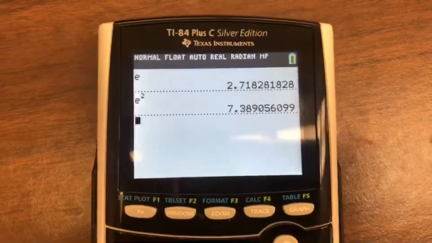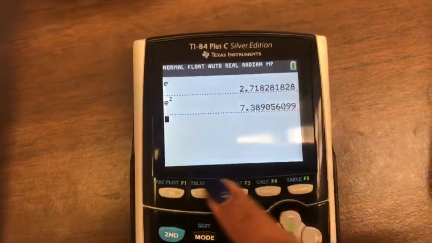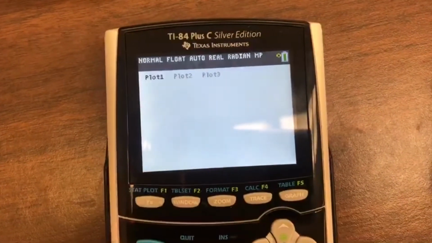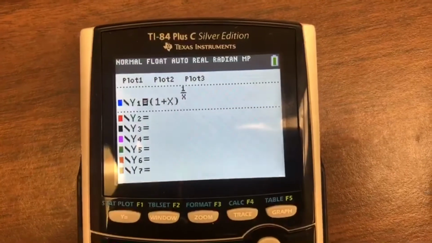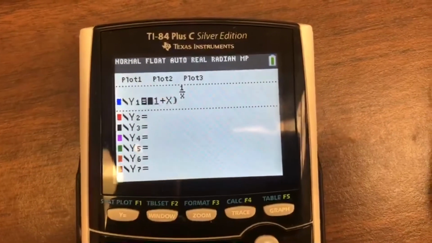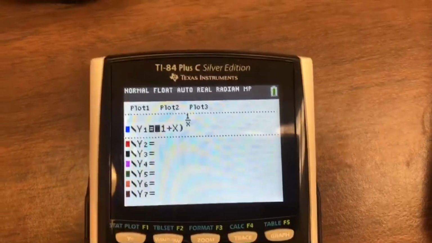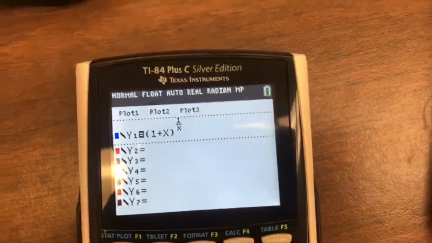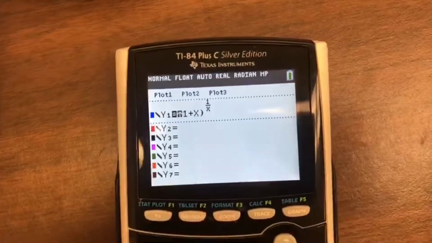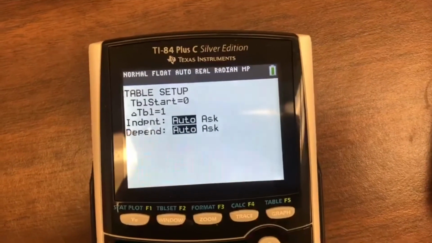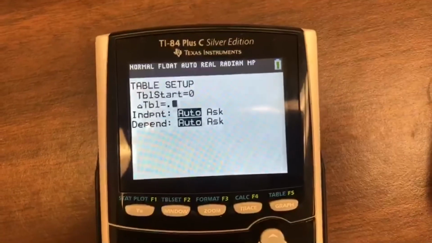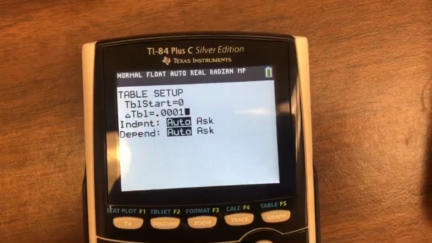So here's the second thing. If we put that limit definition, the expression 1 plus h all raised to the 1 over h in our calculator, except I'm replacing my h's with x's, and then I go to second table set, and I start my table at 0 and my delta table at, I don't know, like point that.